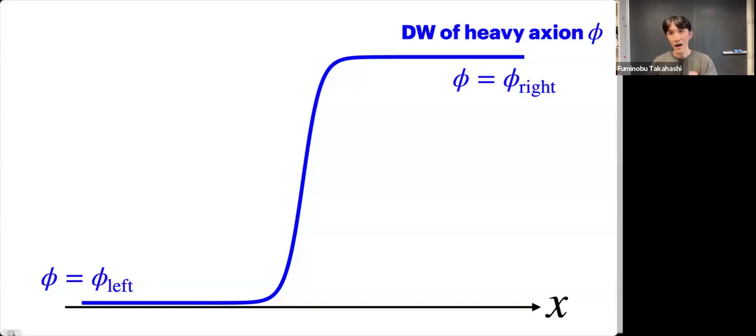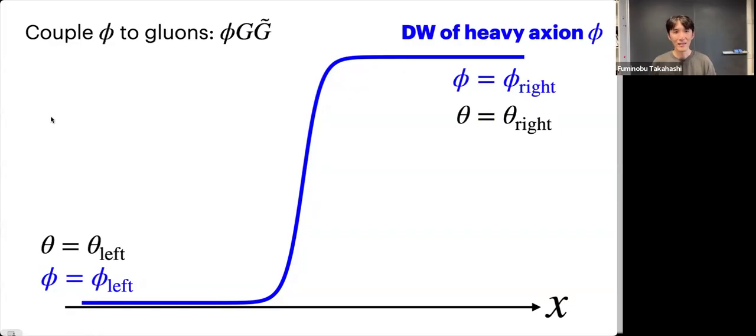And let us couple phi to gluons like this. Then at low energy, we can integrate out phi. Then the phi field contributes to the theta parameter. So on the left side, the theta parameter is theta left, and on the right side, the theta parameter is theta right. So we have the strong CP problem, but the theta parameter is different in the different domains.